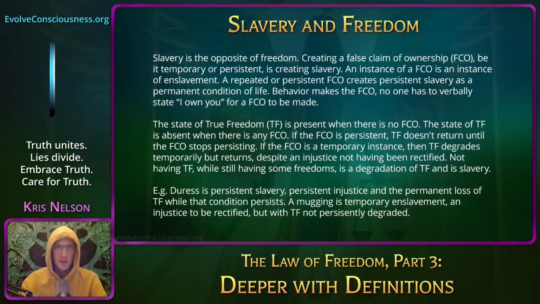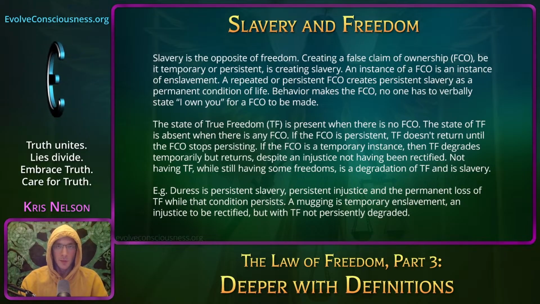Behavior makes the false claim of ownership. No one has to verbally state, "I own you," for a false claim of ownership to be made. The state of true freedom is present when there is no false claim of ownership. The state of true freedom is absent when there is any false claim of ownership.